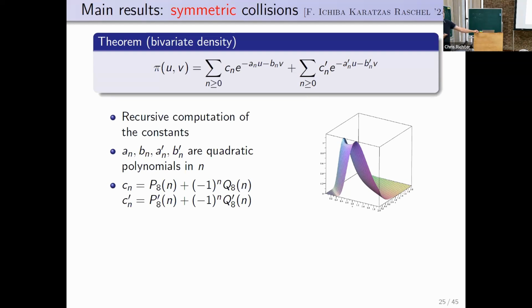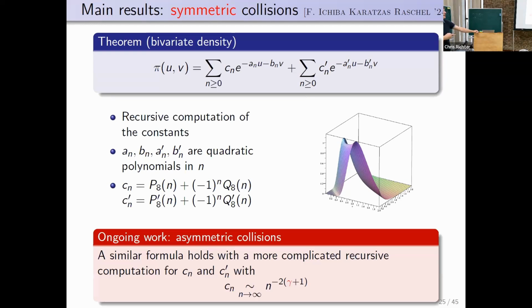Okay, in the asymmetric case, it's a bit more complicated. So it's an ongoing work with asymmetric collision. We have a similar formula, but the Cn will be more complicated. There will not be polynomials, and you will have some asymptotics. The Cn will be equivalent to n to this, and gamma is what I defined at the beginning of the talk, the equivalent of alpha that I was talking about.